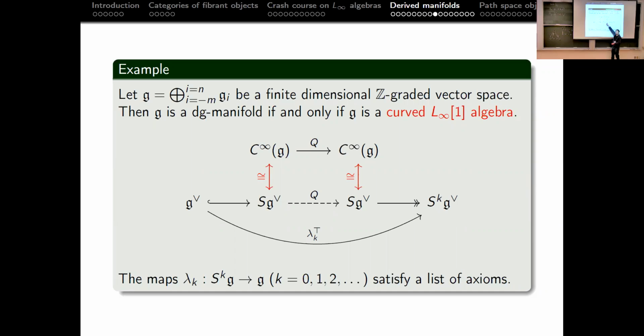You can look at each component and the weight, 0, 1, 2, 3, and that's how you get all the higher brackets. So exactly, if g is a Lie algebra, this is just the Chevalley-Eilenberg differential Q. And the only thing you need is to allow yourself Z-grading.